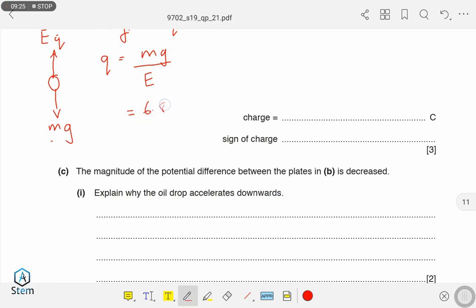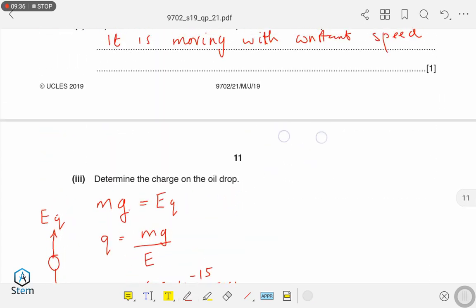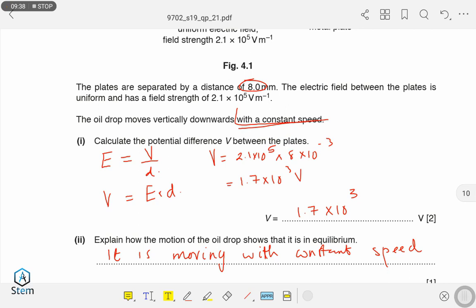So 6.8 times 10 to the power minus 15 multiplied by 9.81 divided by E. The value of E is our value of the electric field strength, 2.1 times 10 to the power 5.